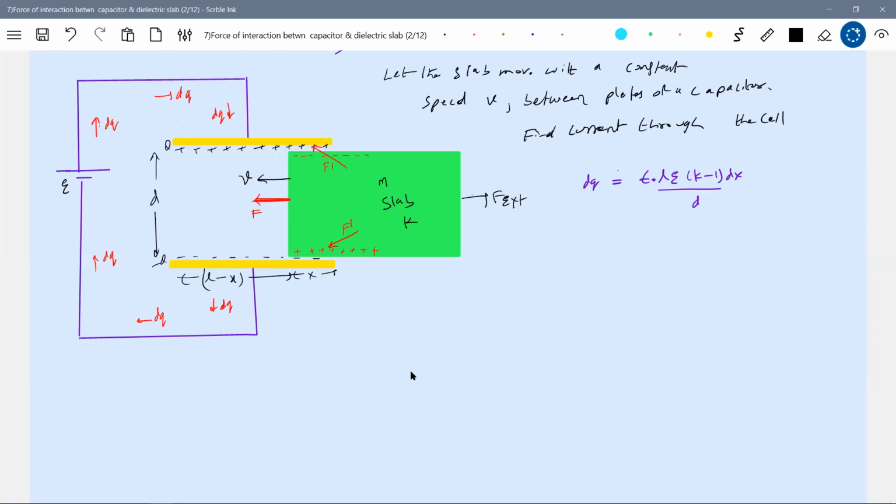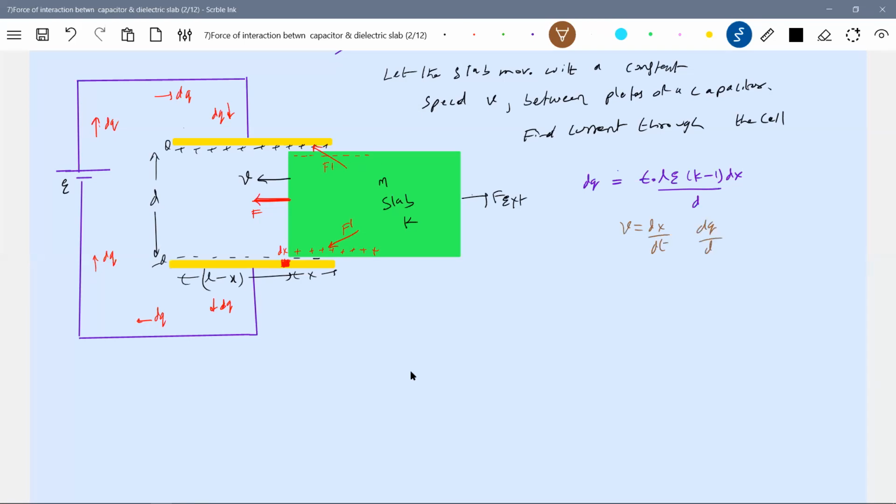The dx should be here, no? This was the dx here. dx by dt is what? It will become v.